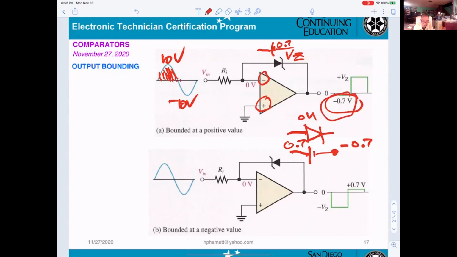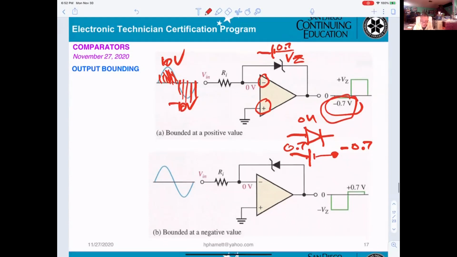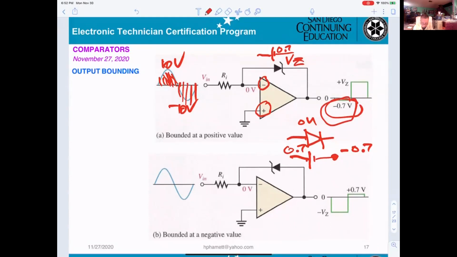However, when you go to the negative here, if you get a negative compared to the ground, positive now will be higher than negative. So the output will be going to the V out max. And they will be limited by the VZ.